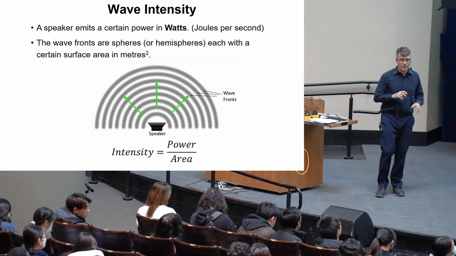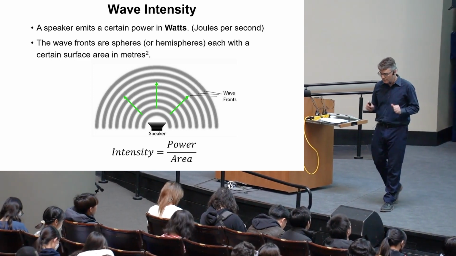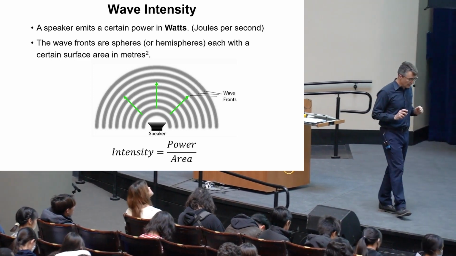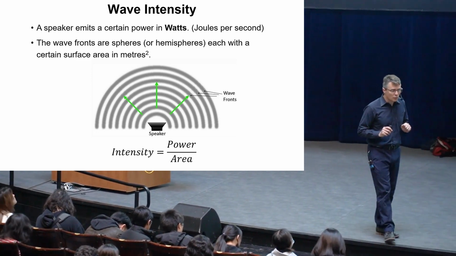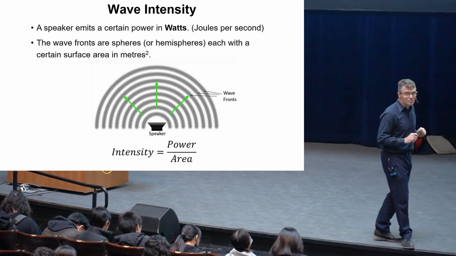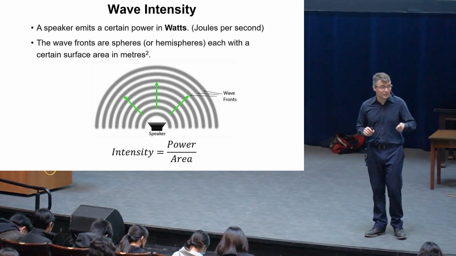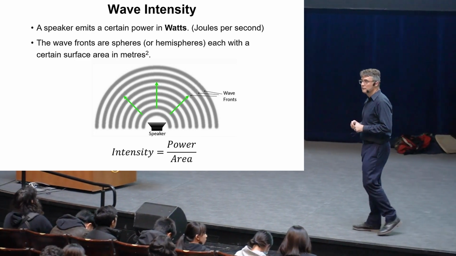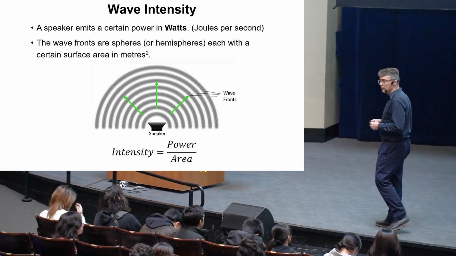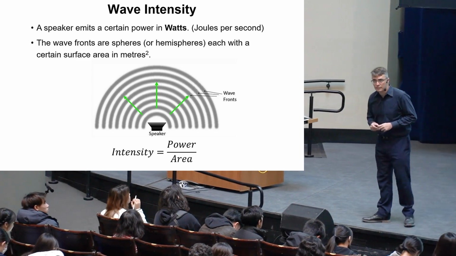Okay, last thing for today. We'll spend 20 minutes talking about wave intensity. This goes back to a concept of energy and power: if you buy a speaker and you want to know how powerful it is, it's about how many watts of power it puts out into sound waves.